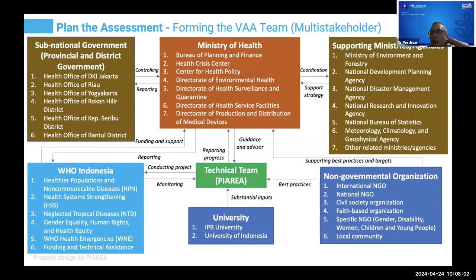This is the detail of the VAA team, which involves multiple stakeholders, with the Ministry of Health as the center of the work, coordinating with different supporting ministries, as we need many data supplied by them, and also their perspective on how we can measure climate risk.